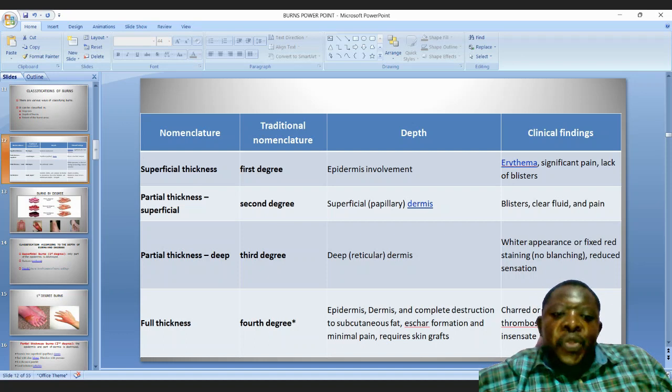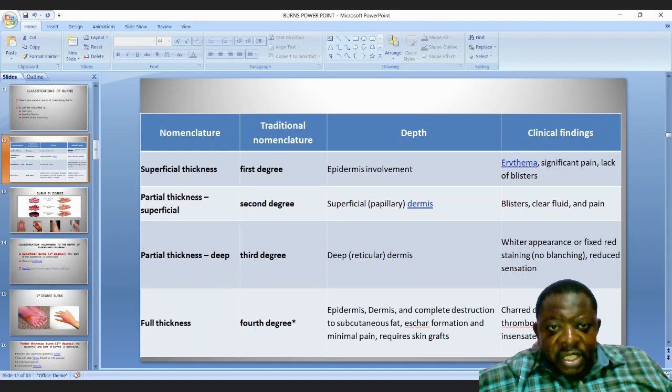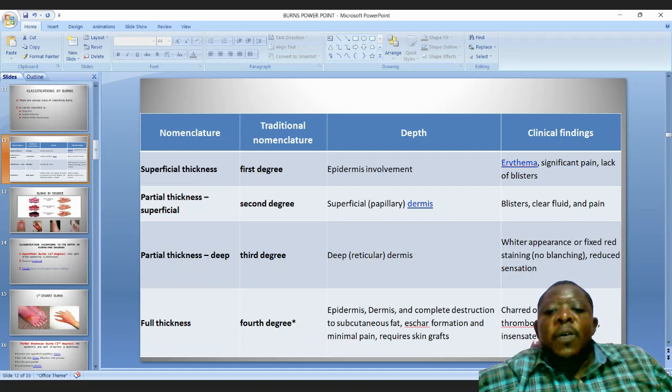Then we have the full thickness. Full thickness, according to traditional nomenclature, we're saying these are fourth degree burns. The depth is that it will affect the epidermis, the dermis, and there will be complete destruction of the subcutaneous fat. There will be some kind of scar formation, and pain is minimal because most of the nerves have been damaged.